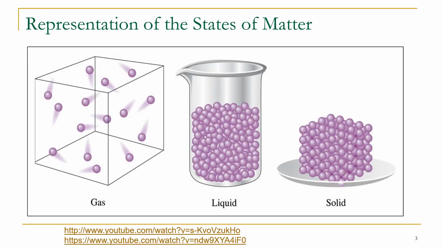So here's a good representation. Gas molecules are far apart, and they can move in all kinds of directions, and they fill the container fully. Liquids are also fluid. They have some space in between them, and so they can move past each other, but you can't compress them very much.